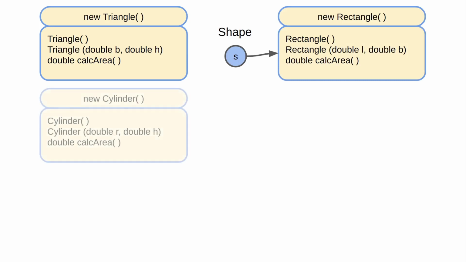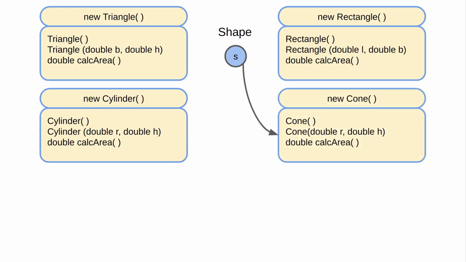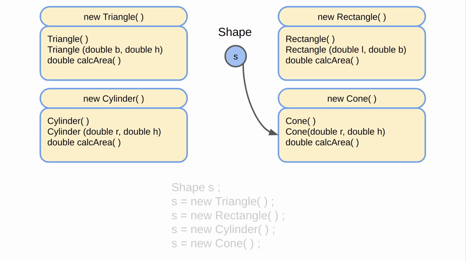Sometime later, the same reference variable can be used to refer to an object of the cylinder class, otherwise the same can refer to the cone. But depending on which subclass object the reference variable is referring to, that particular subclass version of the calci area method is executed. So here we are going to see this in action.